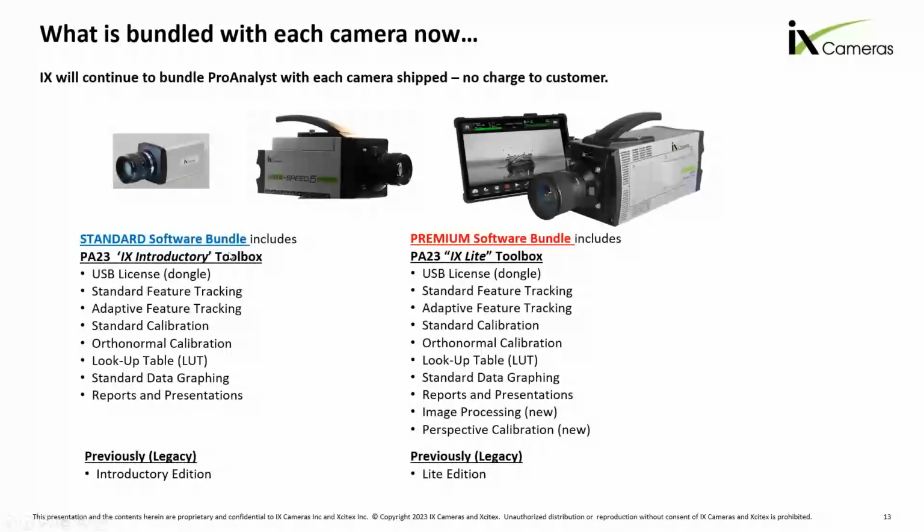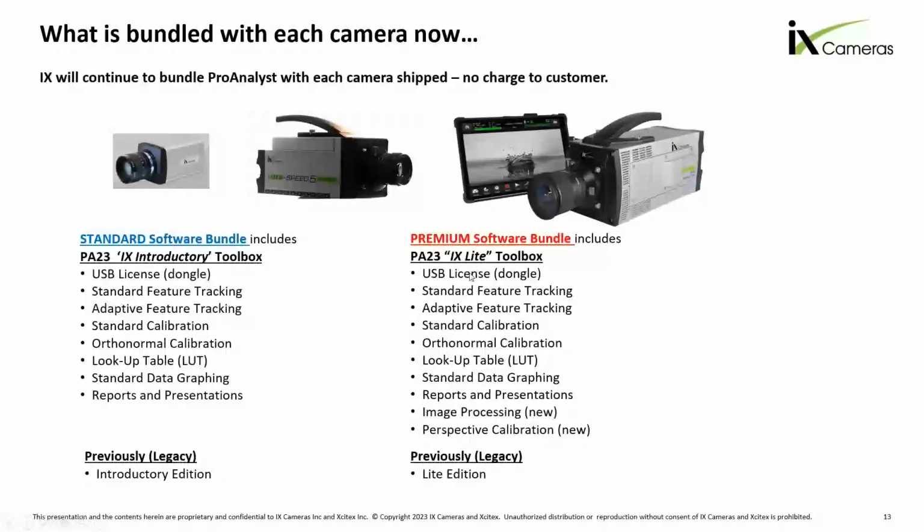Previously, you, the customer, got what was called the introductory edition of ProAnalyst Legacy. So we don't use the word editions anymore. We're just now going to toolkits. Okay? All the cameras get intro now, and only if they buy the premium bundle of software do they get the Lite toolkits, the additional toolkits.